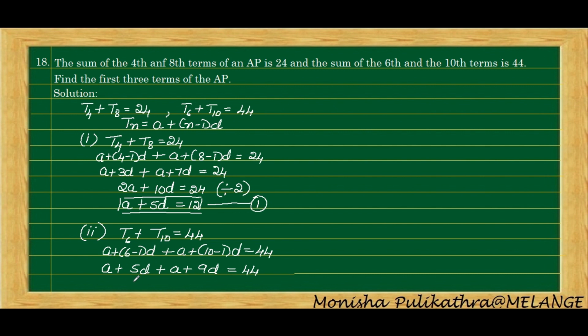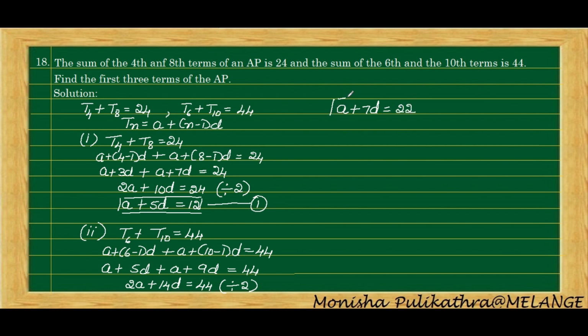A plus A is 2A, and 9D plus 5D is 14D, is equal to 44. Again we need to notice all the 3 numbers are completely divisible by 2. Again divide throughout by 2. 2 1s are 2, so it will become A. 2 7s are 14, so it will be 7D. 2 22s are 44, so it will be 22.